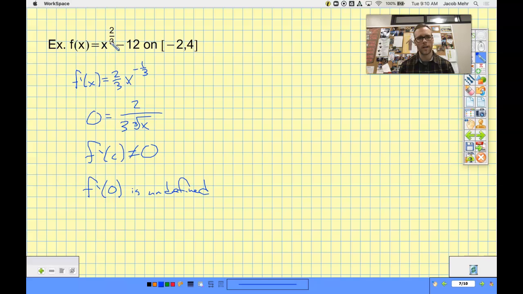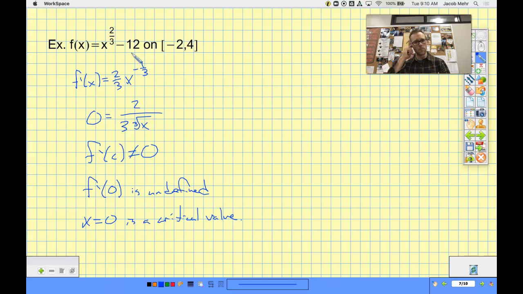Okay, but can I put 0 into my original function? Yeah, 0 to the 2/3 is defined, isn't it? Minus 12. That's a point on our function. However, on our derivative, it's undefined. So that means x equals 0 is a critical value. It's a critical number. It's not differentiable at x equals 0, even though the point exists.